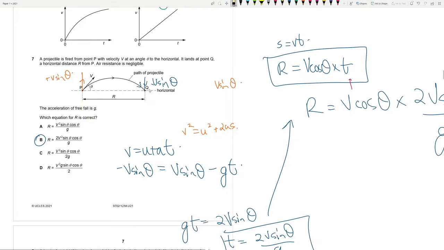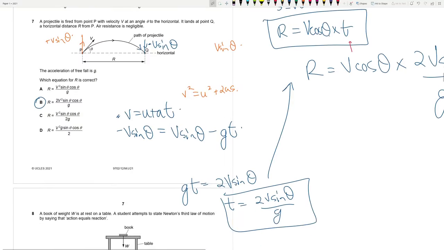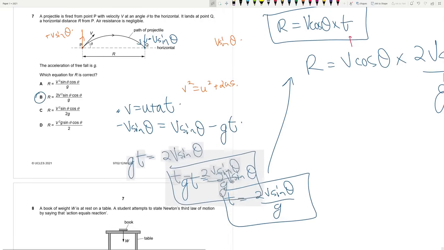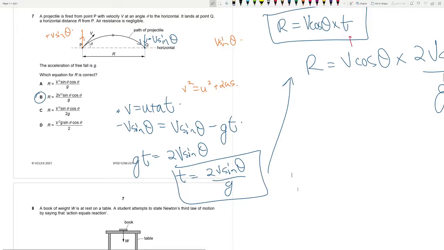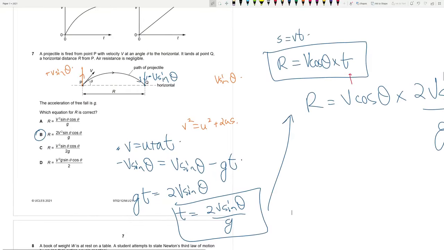At the end of the journey, the vertical velocity will be minus v sin theta. So minus v sin theta is equal to v sin theta minus gt. gt is equal to 2v sin theta, and time is equal to 2v sin theta divided by g. This is the time taken for the particle to travel this whole horizontal distance.